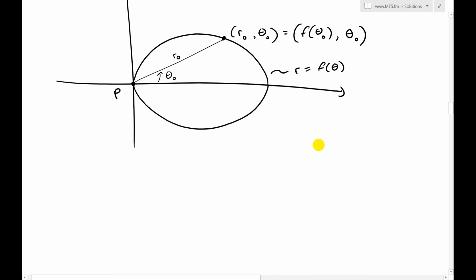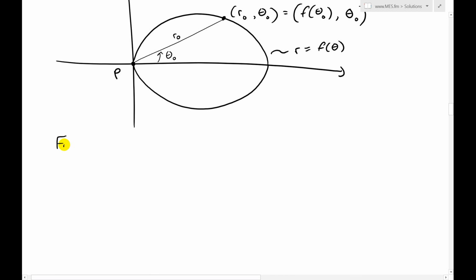Yes, so now what I'll write down is, for any point r naught and theta naught, like that, this point for example, on the function r equals f of theta.